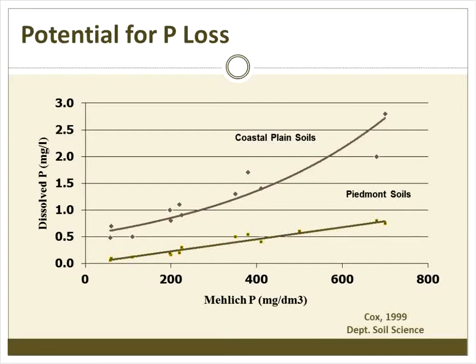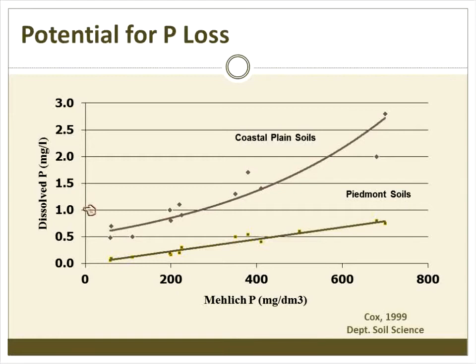We usually think of the cutoff for loss of soluble P at 1 milligram per liter. The only reason we set it at 1 milligram per liter is that that's typically what the wastewater treatment plants are allowed to discharge. If you remember from our first discussion, we talked about phosphorus affecting water quality at concentrations of 0.01 or less.